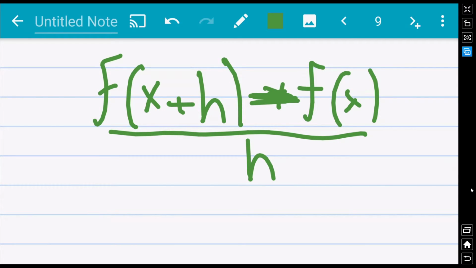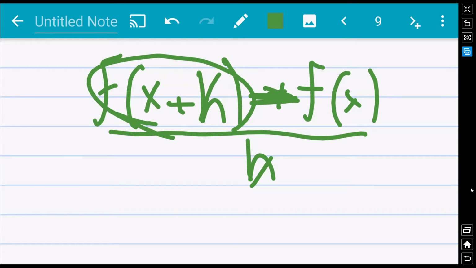And then if you actually rearrange these things, you will find that h and h will cancel out. Not yet, because this is inside the function. You can't just cancel it out.